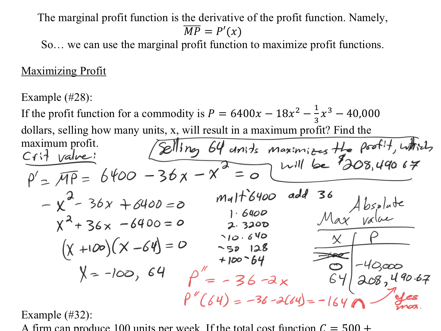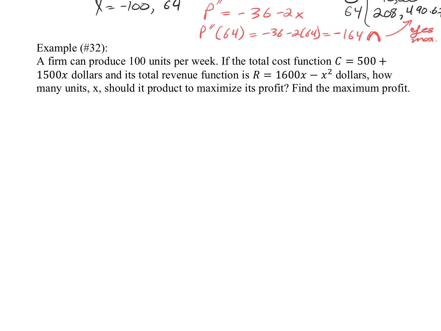Okay, let's go ahead and look at one last type of example. We are looking at a firm which can produce 100 units per week of something. Their total cost function is given by this equation, and the total revenue function is given by that equation. How many units should it produce to maximize its profit? Find the maximum profit.